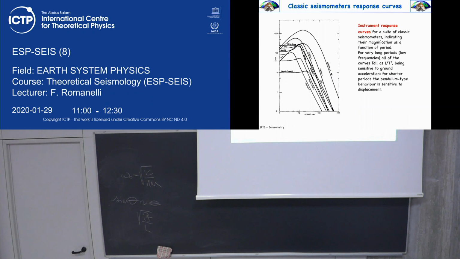For example, LP stands for long period. Why long period? Because the peak is after 100 seconds. There is an equivalent SP, short period. So you have to handle at least 6 instruments, short period and long period.